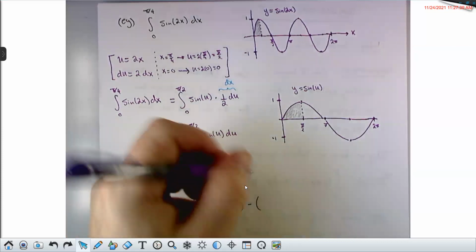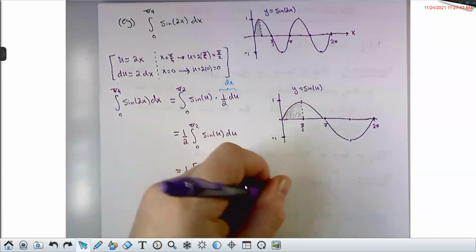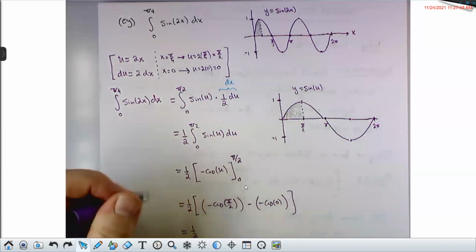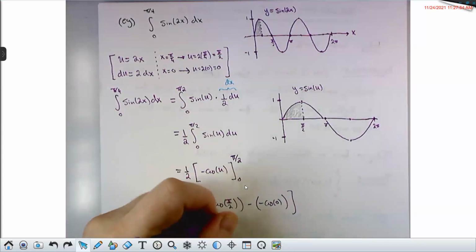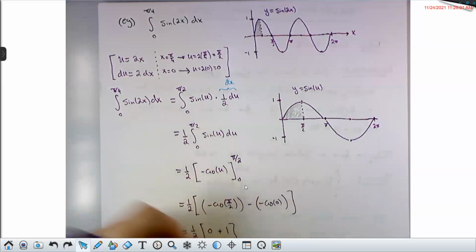And in a definite integral, you do not need to go back to the original variable. The cosine of pi over 2 is 0. So this is 0 minus negative cos of 0. Well, cos of 0 is 1. That's minus negative 1 or plus 1. So this is just 1/2.